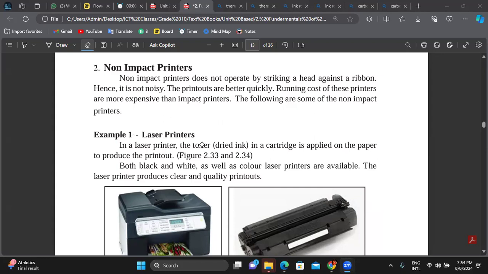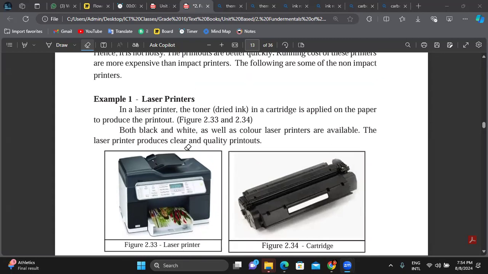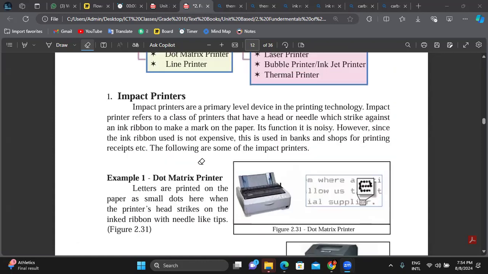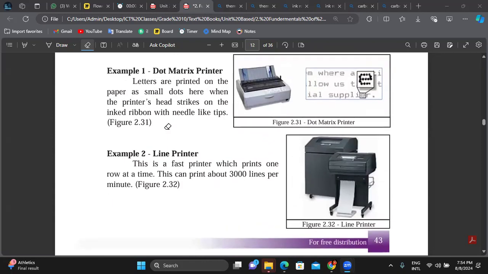In laser printers, the dried ink in a cartridge is applied on the paper to produce the printout. So what happens in a laser printer is dried ink. In an impact printer, in a dot matrix printer and line printer, they don't use dry ink. You can see the ink; we must fill ink, which is liquid in form.